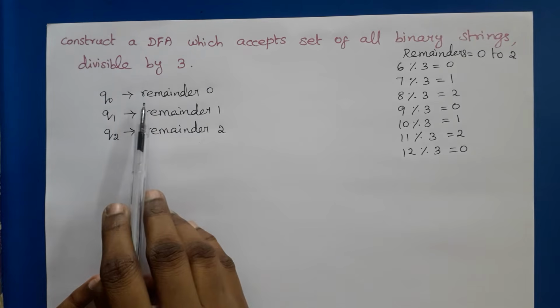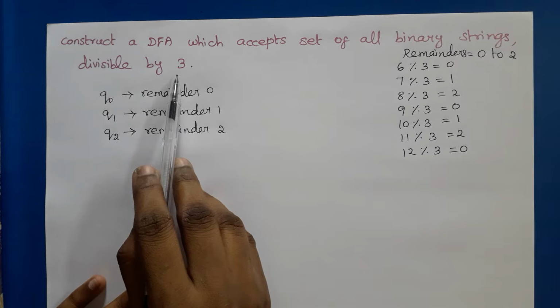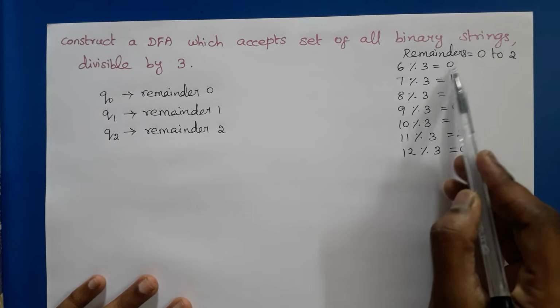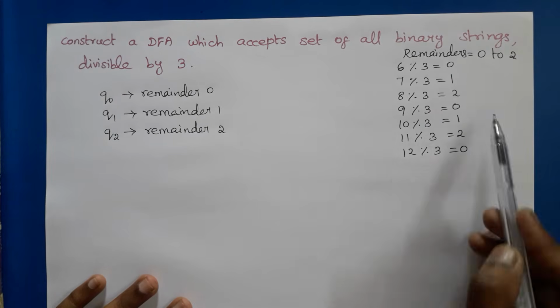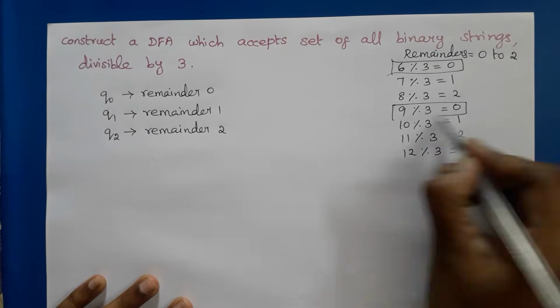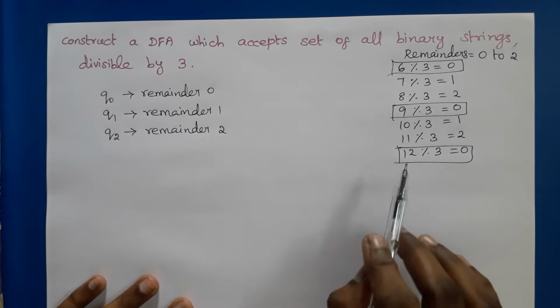and whenever we get the remainder 0, we can say that the number is divisible by 3. Since 6 is divisible by 3, we are getting remainder 0. Similarly, 9 is divisible by 3, 12 is divisible by 3.